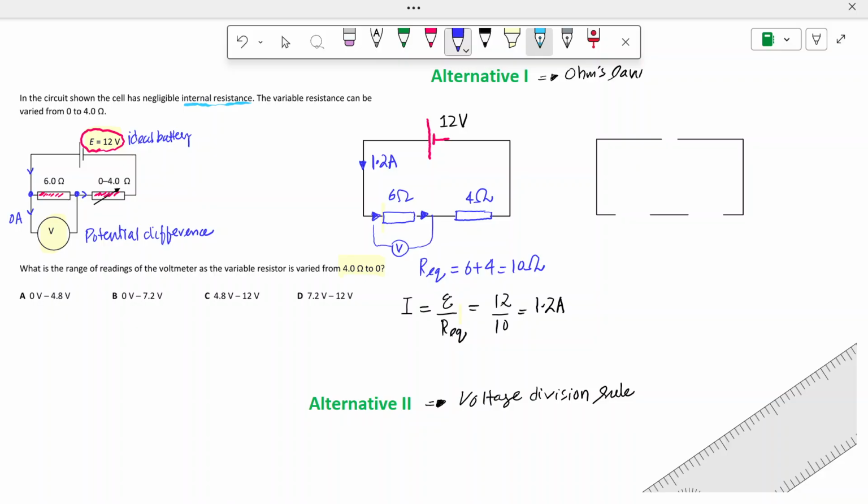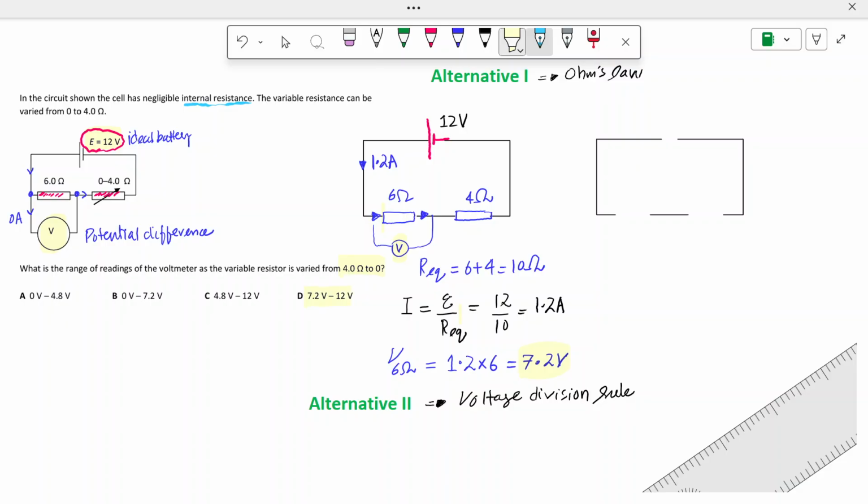And what potential difference will be measured by the voltmeter? You can apply Ohm's law: 1.2 times 6, that is 7.2 volt. So this is the minimum voltage reading you will see on the voltmeter, so obviously it should be from 7.2 to 12 volt.